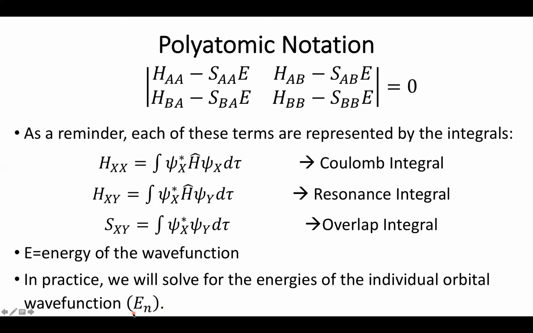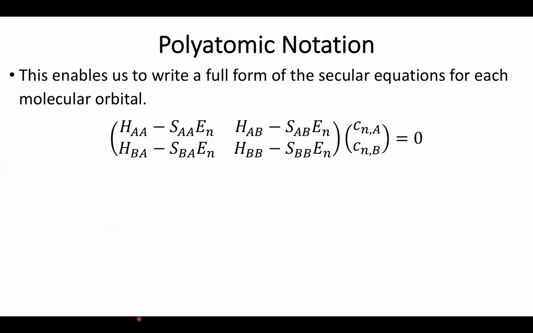So we're often going to solve for the energy of the arbitrary molecular orbital n. By doing so, we can now, instead of expressing the secular equations in the determinant form, express them in their full equational form that we introduced at the beginning of molecular orbital energies.